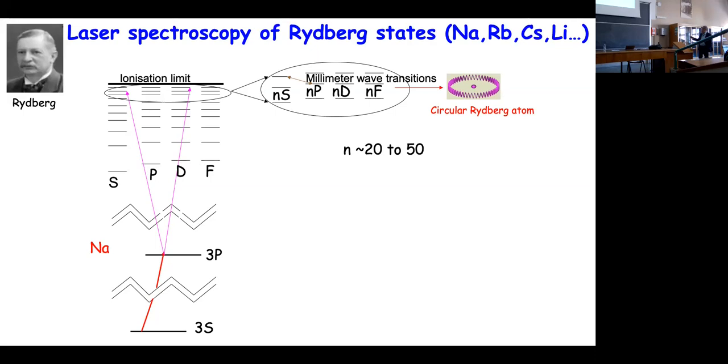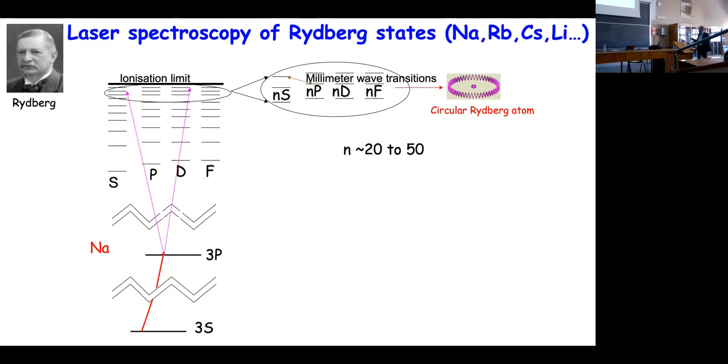until you get an angular momentum equal to n-1, and this is a circular state. So you see that you have two kinds of transitions that you have to perform to go into the circular state. First, you have to absorb optical photons. These are the lasers. And then you have to absorb microwave or radio frequency photons, because these levels are very closely packed, to increase the angular momentum and to get into the circular state.